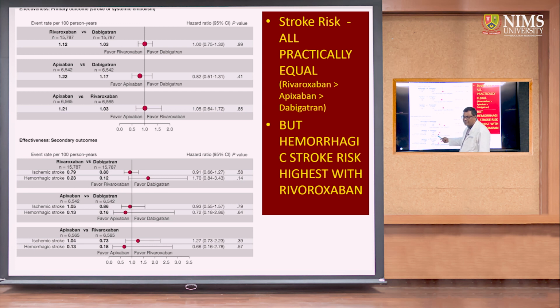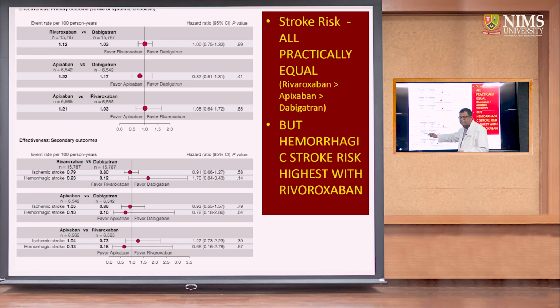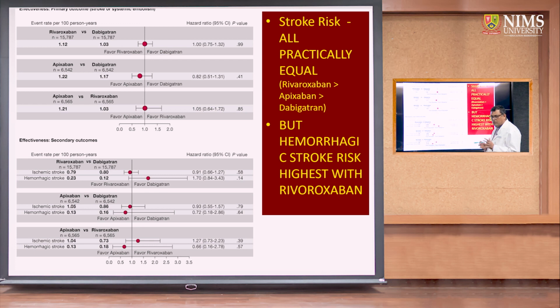Apixaban may be slightly better than even dabigatran. If you look at hemorrhagic stroke or bleeding risk associated with these 3, the highest risk is with rivaroxaban, then dabigatran, and least risk with apixaban. So, clear? It is favoring apixaban even in hemorrhagic stroke, although not statistically significant, but if you have to choose, then you will choose something which is better.